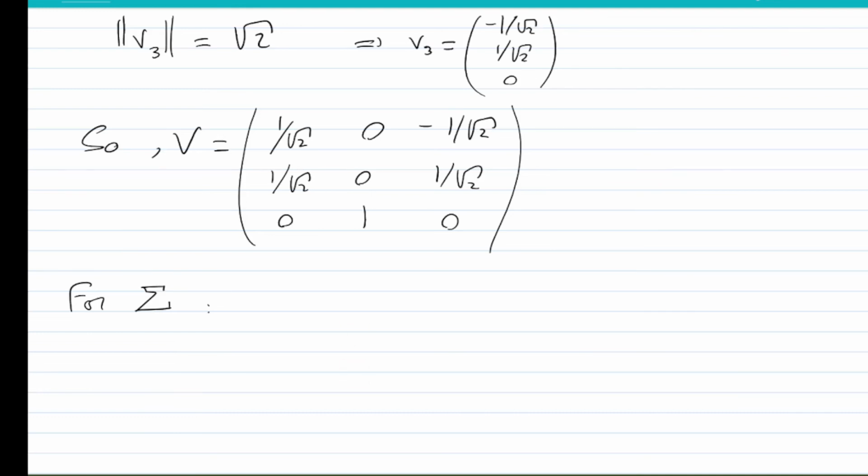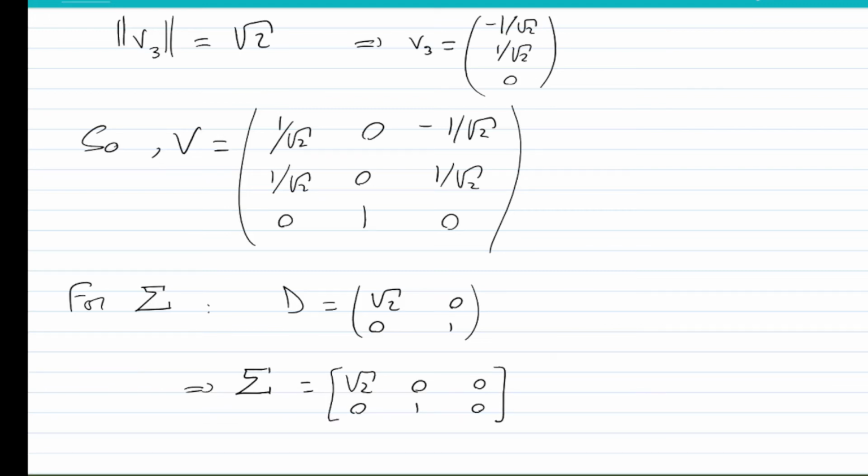It has a block D with the non-zero singular values, that's square root 2 and 1. And we pad that with zeros in order to get a matrix of the same size as A. In our case, A has 3 columns and 2 rows. So sigma is the matrix square root 2, 0, 0, 1, 0, 0.